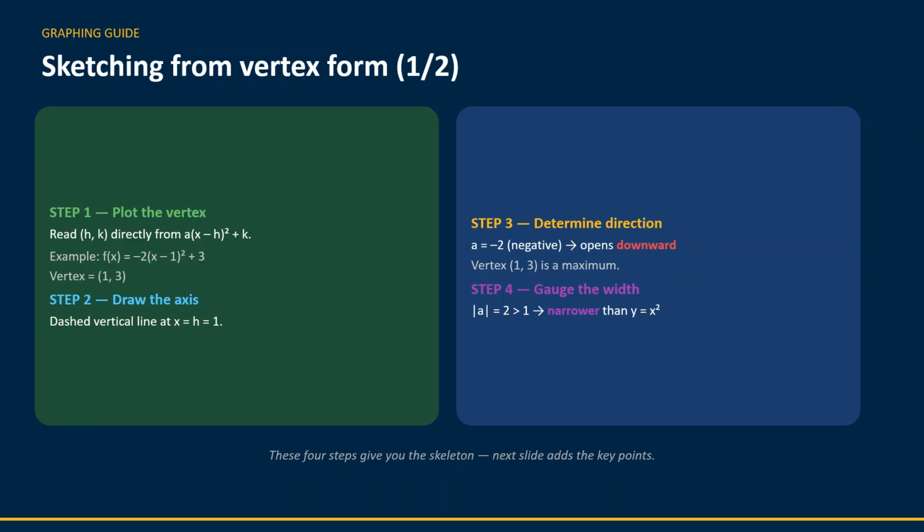The vertex is at 1, negative 3, so plot that point. Since a equals 2, which is positive, the parabola opens upward. Since the absolute value of a is 2, which is greater than 1, the parabola is narrower than y equals x squared. You now know the turning point and the general shape before computing any other points.